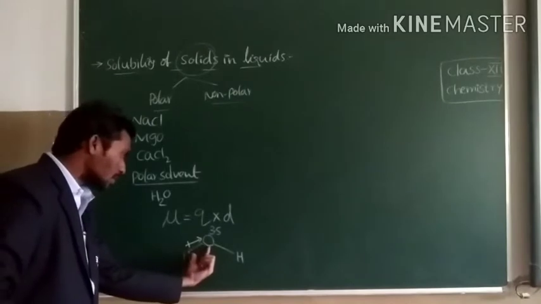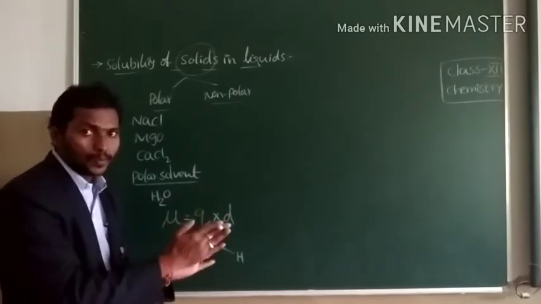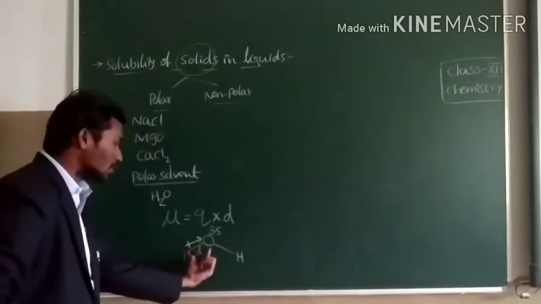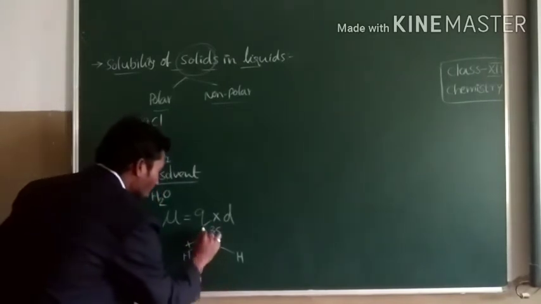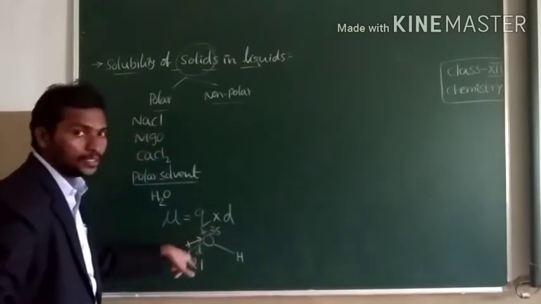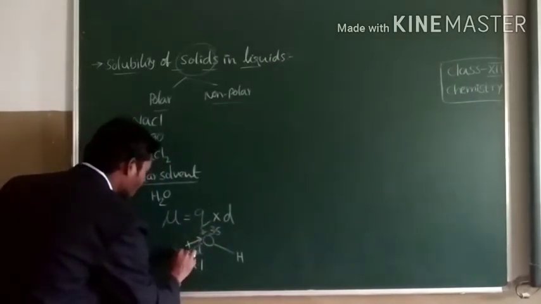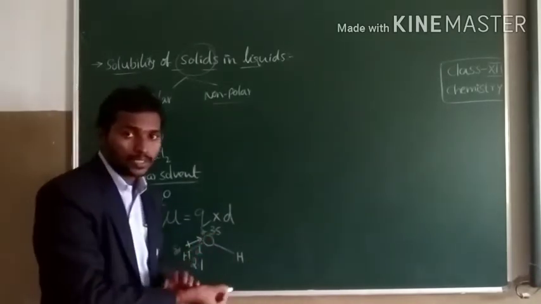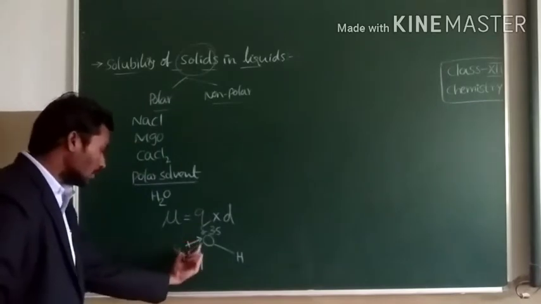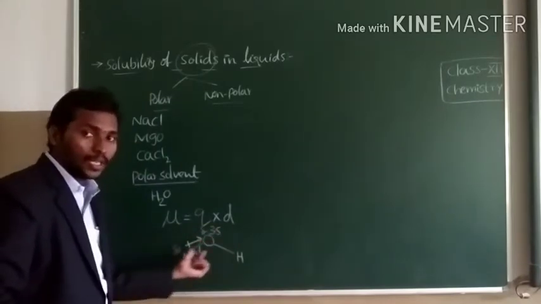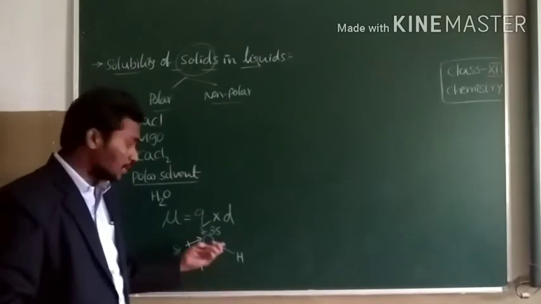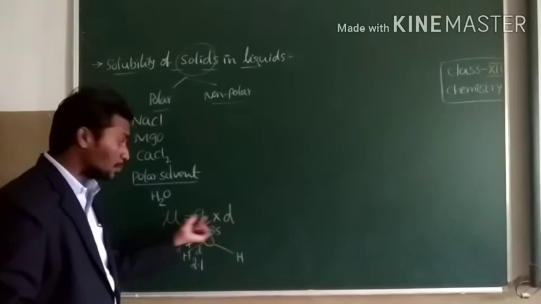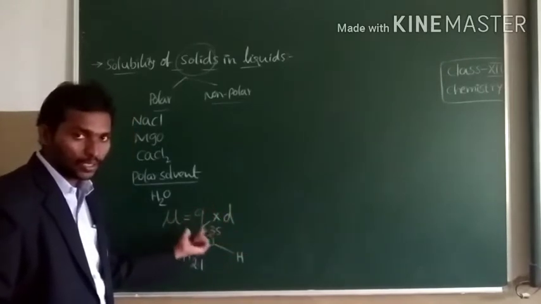Here these two bonded atoms are separated by a distance denoted by small d, and these two are charged species. Oxygen has a negative charge, delta minus, and hydrogen has a positive charge, delta plus. Delta plus and delta minus indicate partial charges present on them. So mu equals q into d is called dipole moment.